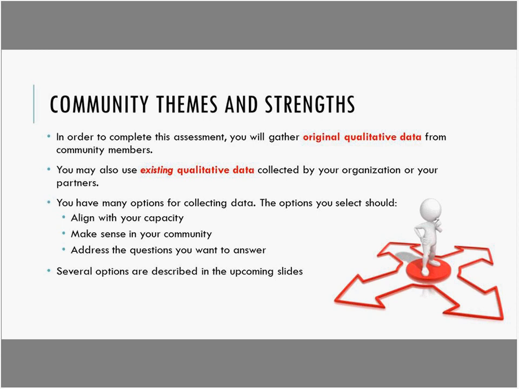So in order to complete this assessment, you'll be gathering original qualitative data from community members. You could also use existing qualitative data that you've already collected at your organization or from your partner organizations. Many options for collecting data. And what, again, we'd like you to think about is selecting an option that aligns with your capacity.